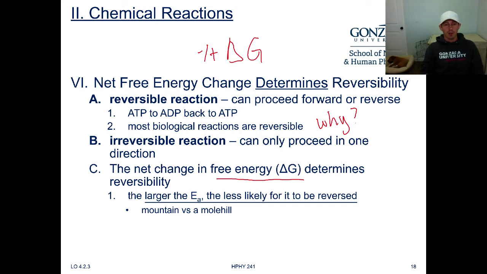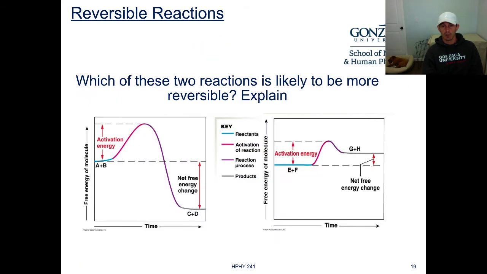Another thing that plays into whether a reaction is reversible or not is activation energy. The way to think about this is, is it harder to push something up a small hill or molehill versus a mountain? Which one would take more energy? Whichever one takes more energy, it's likely that that reaction would not occur in the opposite direction.